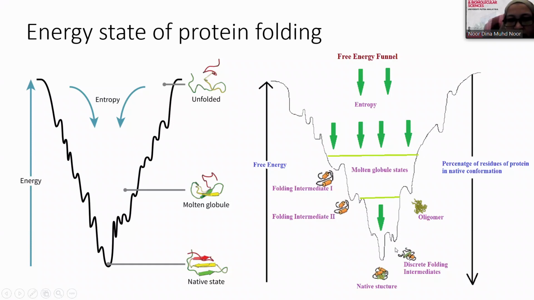This is actually the same thing, just to show in detail each of the steps or stages involved, starting from what happens at the higher energy. Perhaps it is unfolded like this, and as it folds into folding intermediate state one, the energy becomes lower to here, and for intermediate state two, the energy is lower to this one, until it reaches the native structure, and definitely the energy is going to be the lowest.